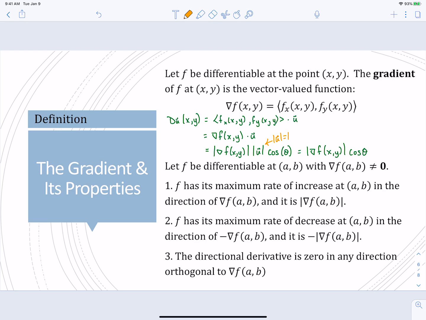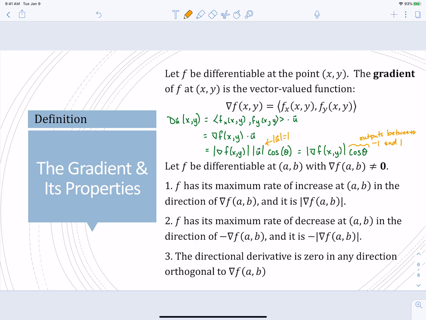Now, the other thing to think about here is cosine of theta. We get outputs between -1 and 1. Those are the values of cosine. The least value that we get out of cosine is -1, and the largest value that we get is +1.